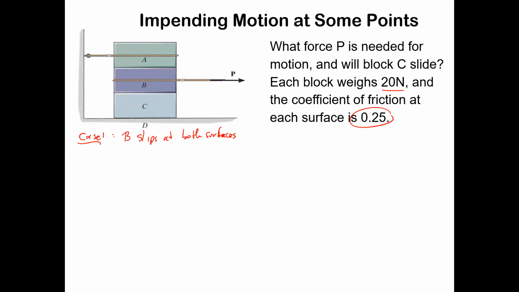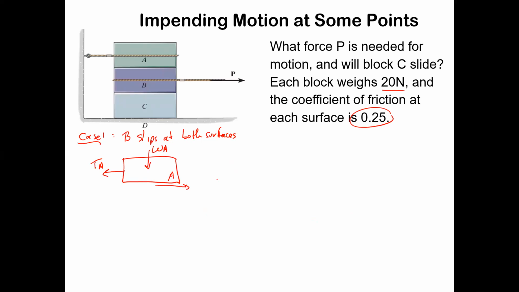You've got to draw the free body diagram, right? So you've got to draw the diagram of block A, which has its weight, a tension force acting on it, and a friction force.